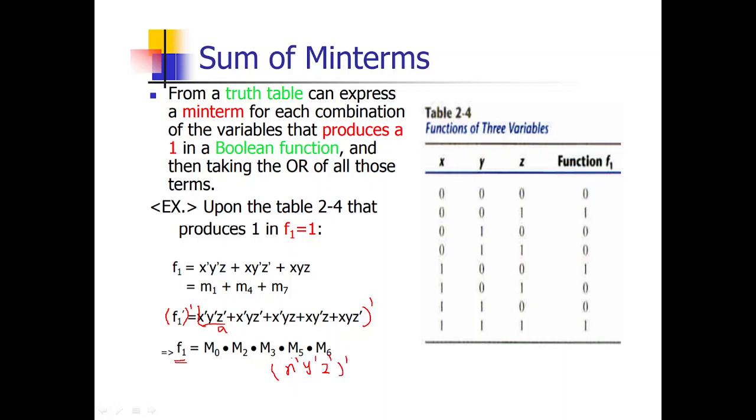Next, this plus becomes dot, and this term becomes (x'yz')', then dot (x'yz)', dot (xy'z)', dot (xyz')'. Right? So I will explain for the first term only, and that should be considered for the remaining ones also.